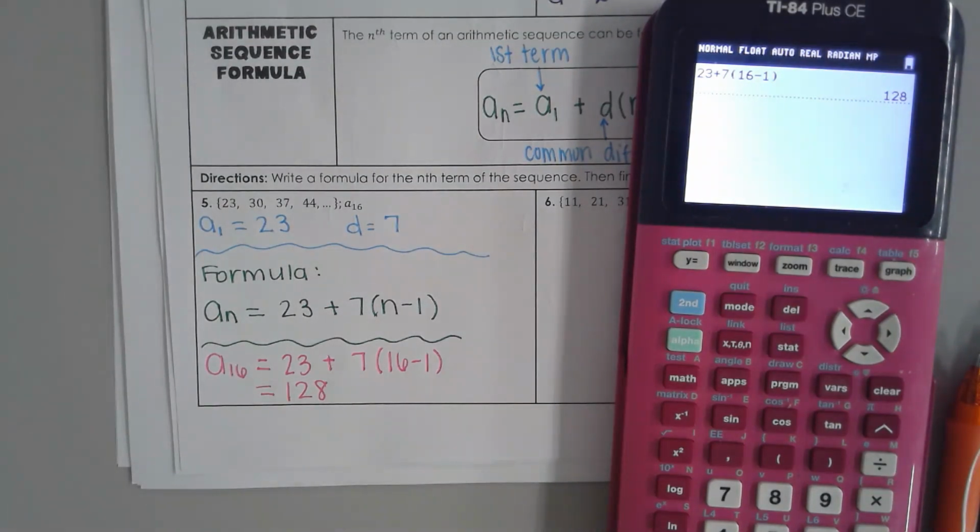So the 16th term in that sequence is 128. I could keep doing plus 7, plus 7, plus 7 a whole bunch of times, but the formula might be faster. If I asked you for like the 160th term, the formula would definitely be faster.